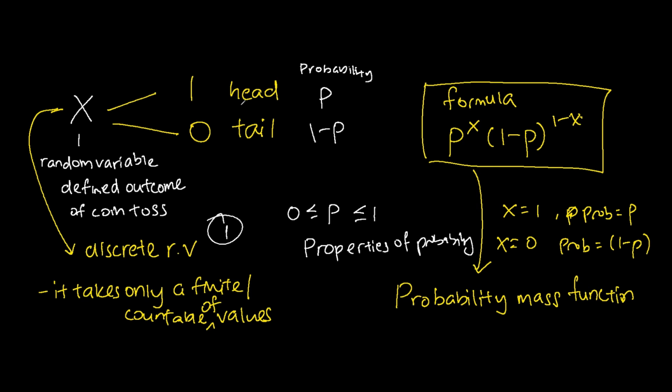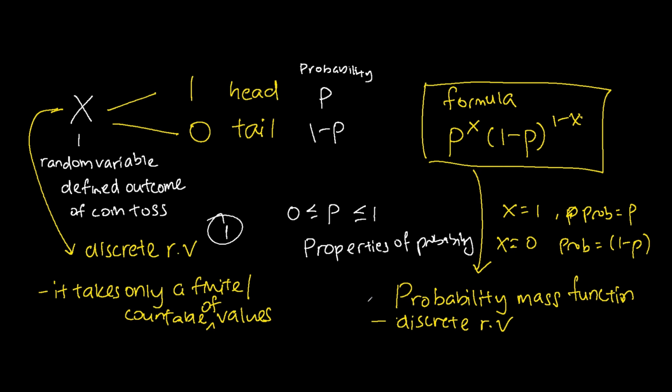In this case, if I sub in 1, I get the probability P. If I sub in 0 into this formula, I get the probability 1 minus P. This formula is called the probability mass function, and it identifies what kind of discrete random variable it is. The probability mass function is only for discrete random variables.